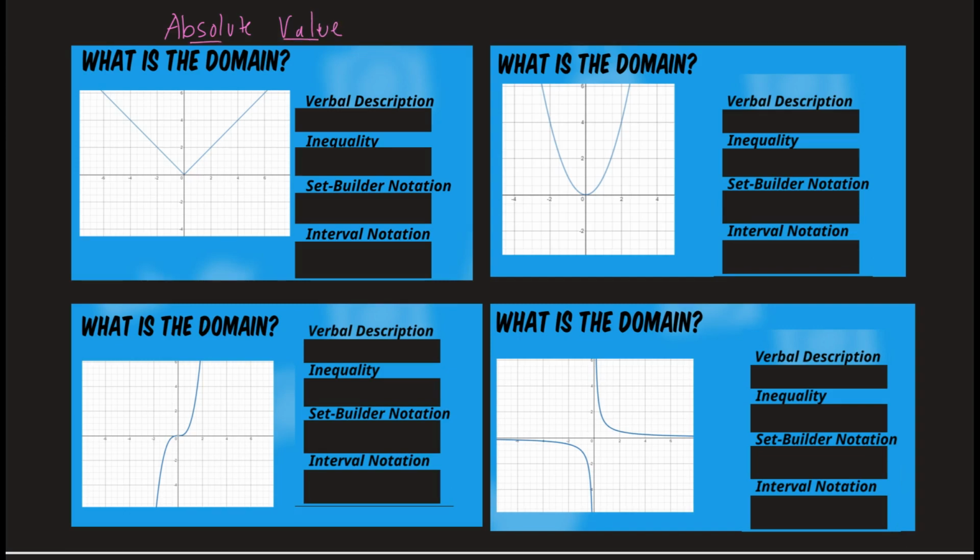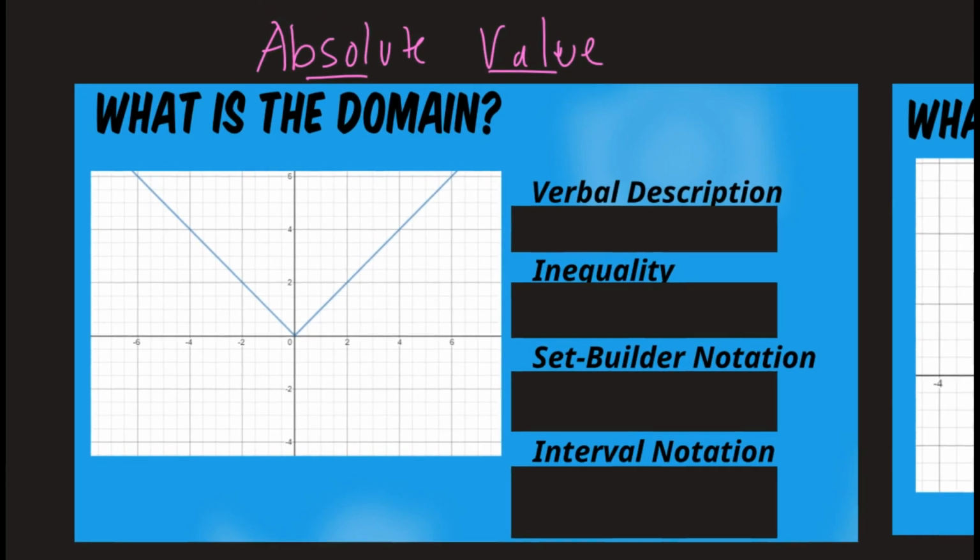So when we're asking about the domain, remember we always read left to right, least to greatest. Our lowest x value, now I know it doesn't show arrows, but there should always be arrows here, meaning it keeps going. So our lowest x value is negative infinity. It keeps on going forever in the negative direction.